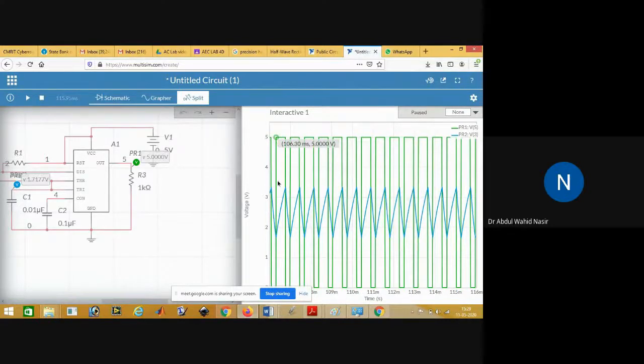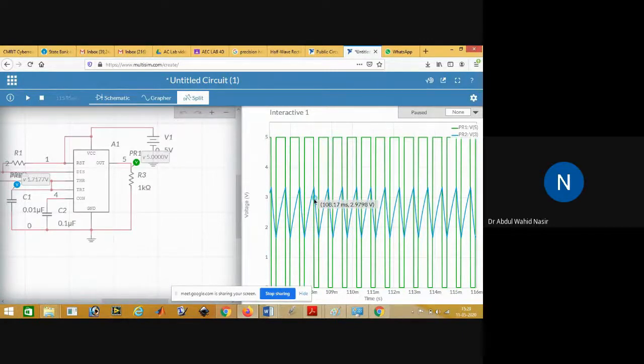And what is the blue one? The blue one is the charging and discharging of the capacitor. Again charging, discharging, again charging, discharging. These will keep on continuing.